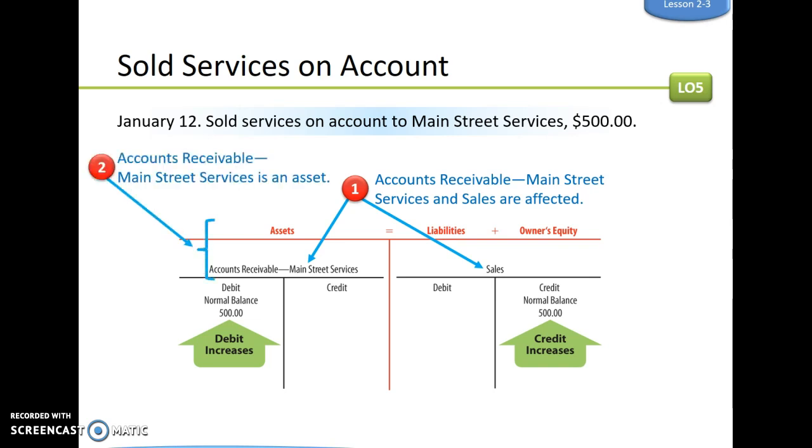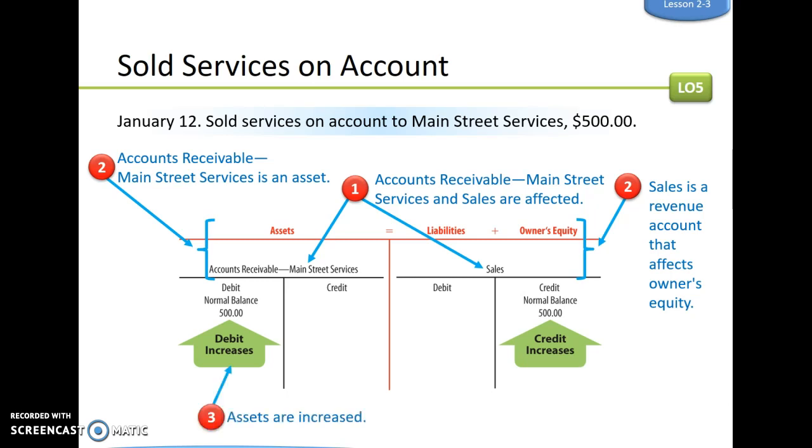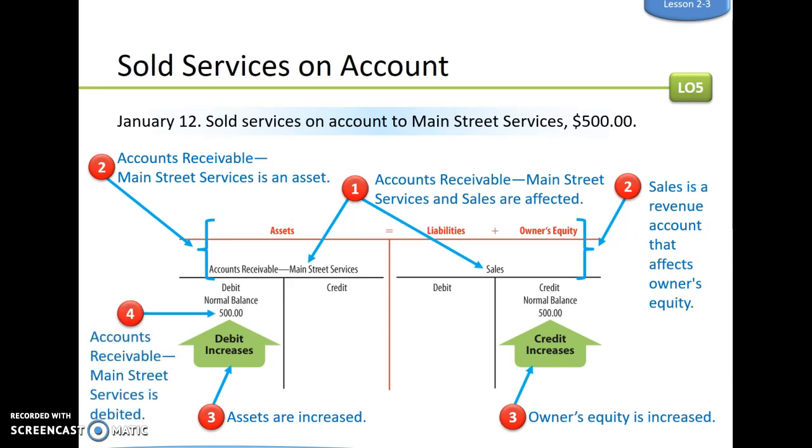Next, you're going to ask how each account is classified. Your accounts receivable is an asset. Your sales, once again, is an account under owner's equity. How is it going to change? Your accounts receivable is increasing, so you will debit your accounts receivable, and you will increase your credit, so owner's equity is increased.